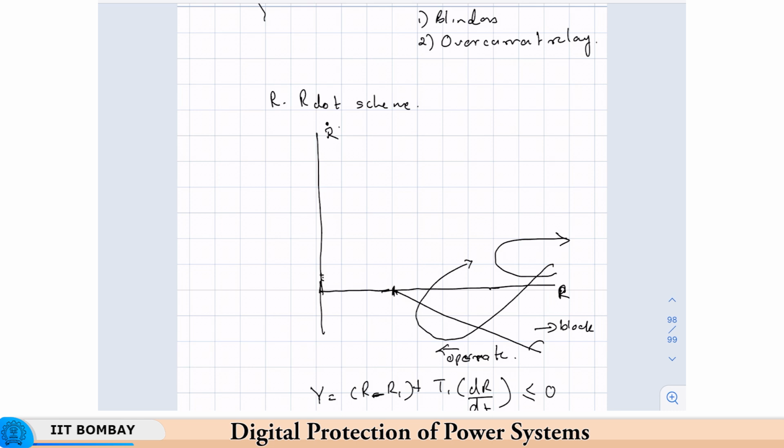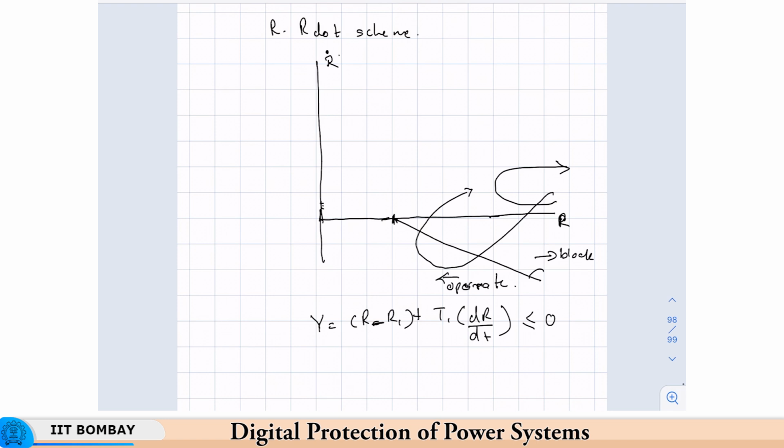So, if it enters this region, then it is an unstable swing. This is stable, this is unstable, since it meets our criteria of R minus R1 and T1 into dR/dt is less than 0. So, meets our criteria.